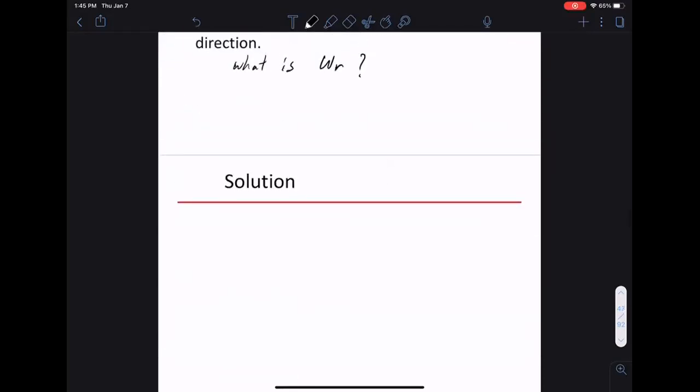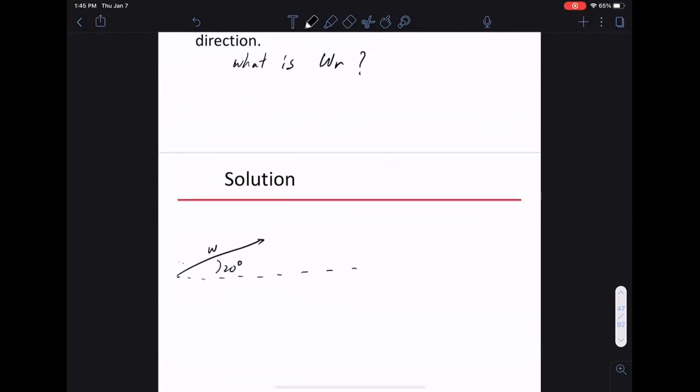Okay, so what we have is, let's say this is the horizontal plane. We have a wind that's coming this way. If I have wind coming this way, this is 20 degrees at 50 meters per second.